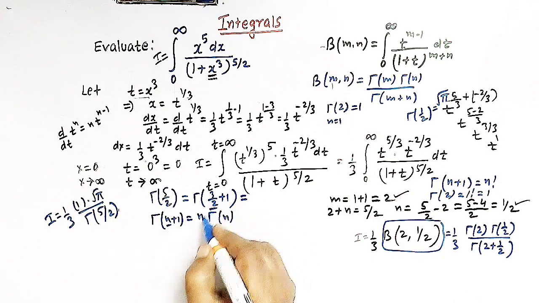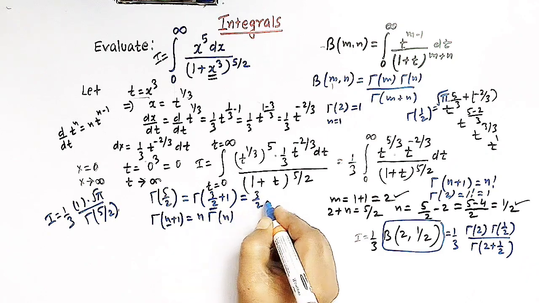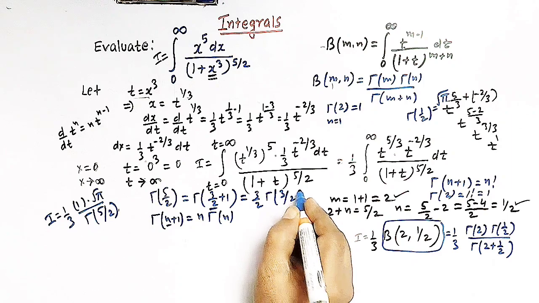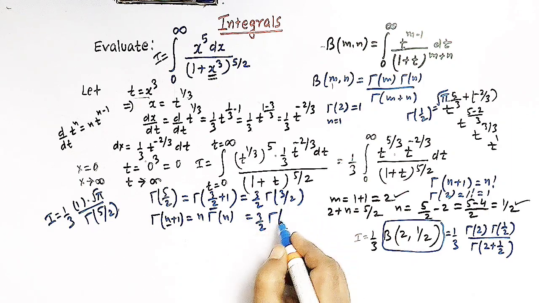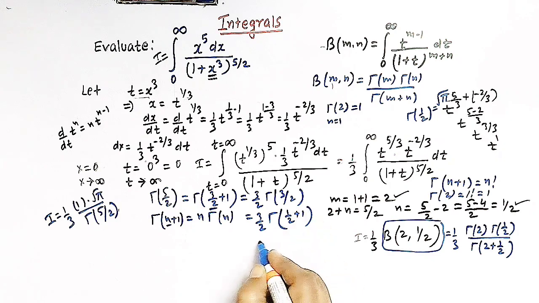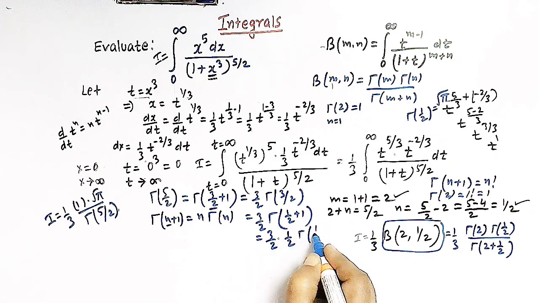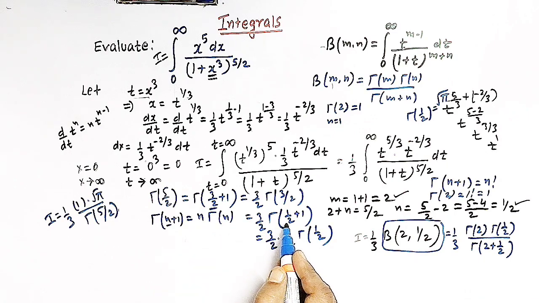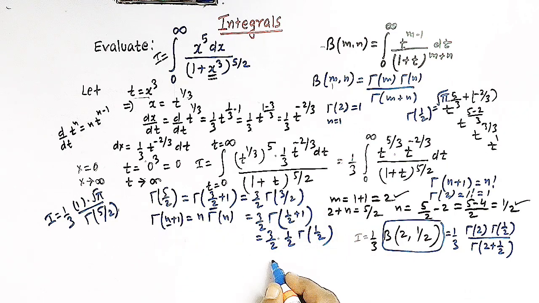So taking n is equal to 3 by 2 in this relation, we have 3 by 2 gamma 3 by 2. And further we can split 3 by 2 as half plus 1. So now we have 3 by 2 times half times gamma half. So again applying this result to this expression, we now have 3 over 4 gamma half, and gamma half is square root of pi.